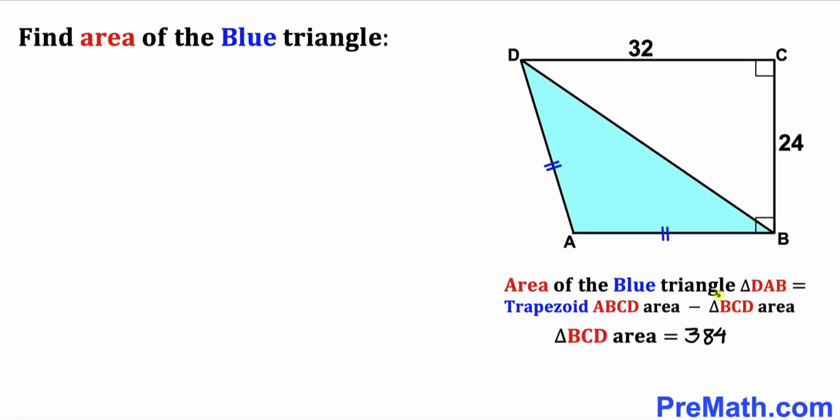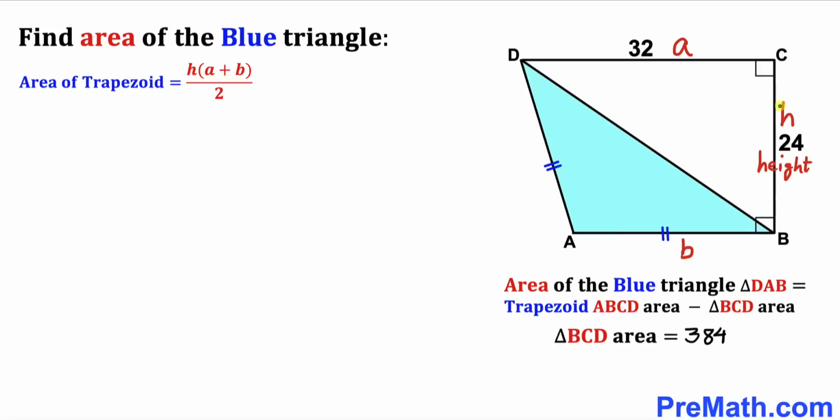Now since we figured out the area of this right triangle BCD, our task is to calculate the area of this trapezoid ABCD. Let's recall the area of a trapezoid formula: area equals h times (a plus b) all over 2.